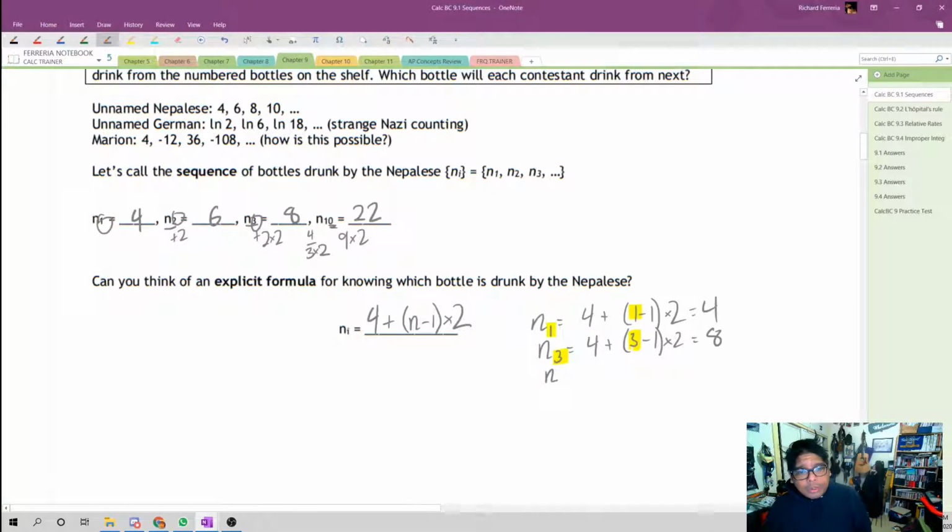And then, of course, N10 is going to be 4 plus 10 minus 1 times 2. And that's going to be, let's see, 9 times 2 is 18. 18 plus 4 is 22. So yeah, this seems to be a good pattern. Some of you might want to just simplify that, and you're going to get 2 plus 2n, but that's not really of any consequence. It's kind of the same formula, just algebraically different.